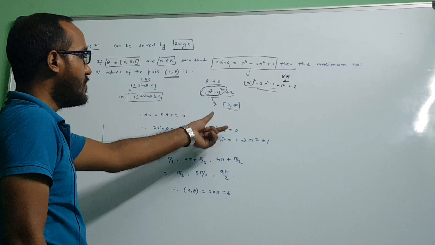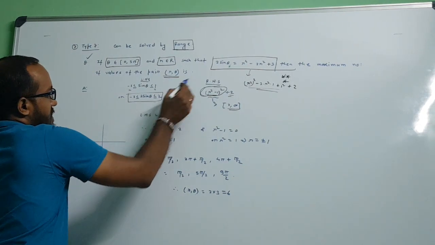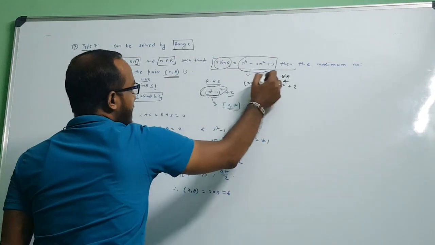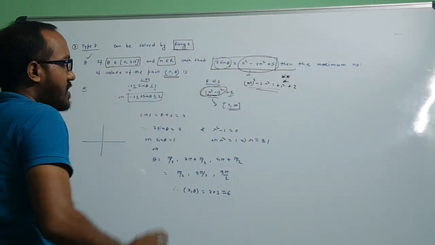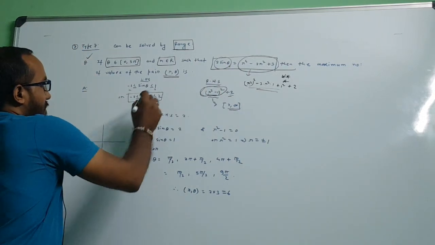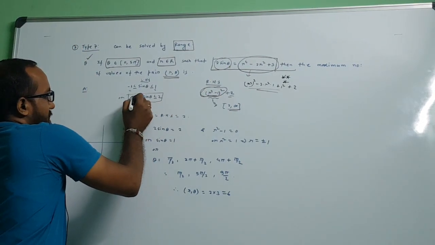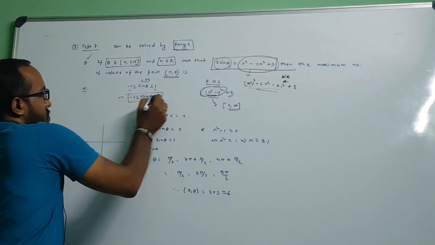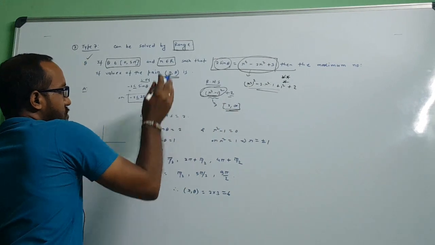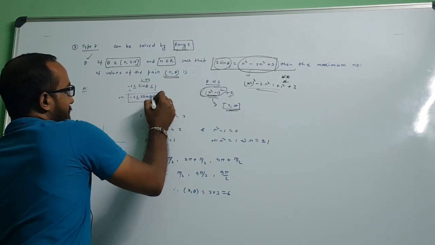From 2 to infinity. And here the left hand side is 2 sin theta, the right hand side is r to the power 4 minus 2 r square plus 3. That means the left hand side should be equal to the right hand side. The left hand side lies between minus 2 to plus 2, and we found the right hand side range is from 2 to infinity. So when would it be equal? It would be equal at the value 2.